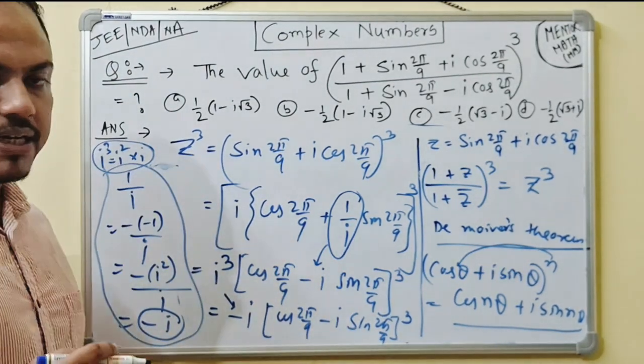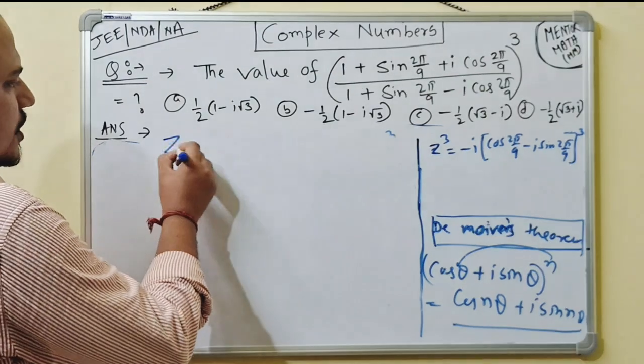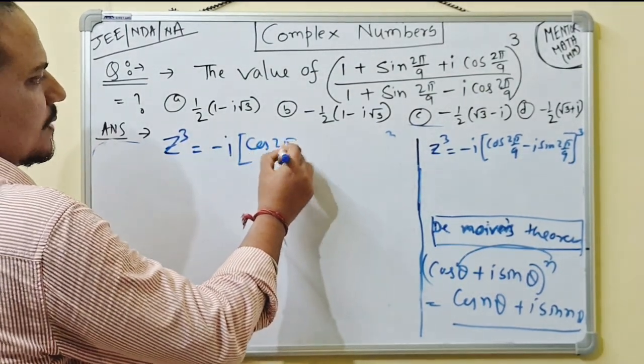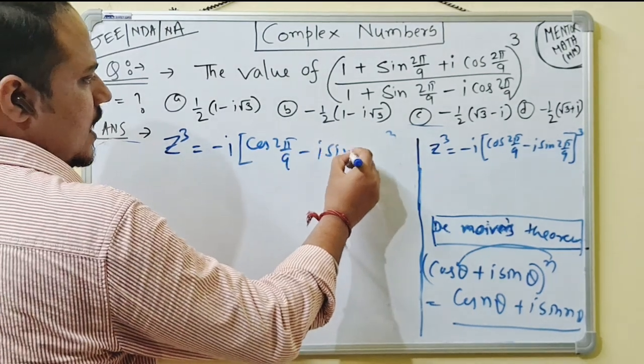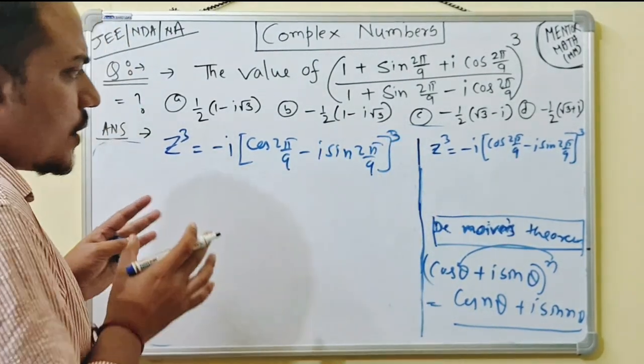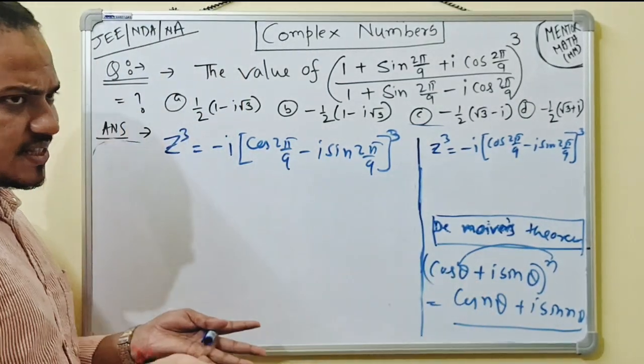Okay, copy please. Next, now you got z cube is equal to minus i (cos 2π/9 minus i sin 2π/9) whole cube. Now look at this form, it is cos θ + i sin θ.